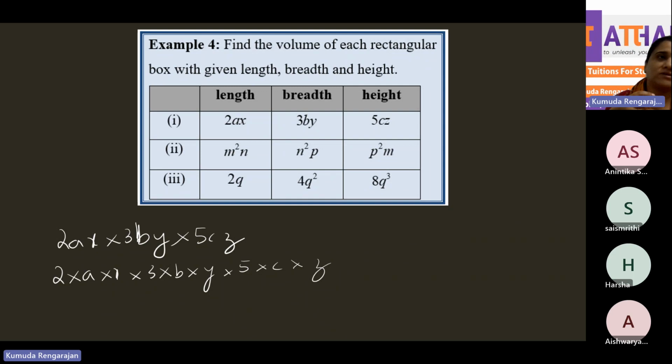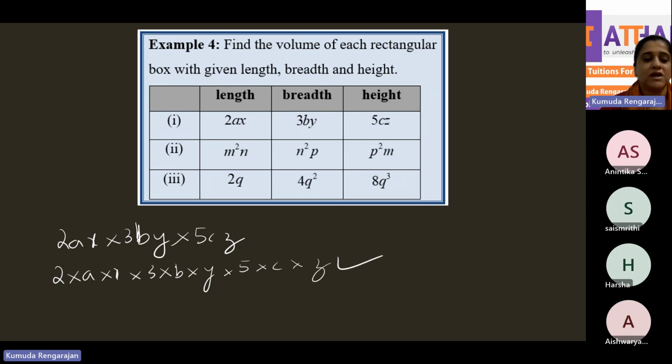As a beginner, you'll initially be working these steps. Once you come to the end of this chapter, you will write the final answer, the product, directly. So this is the meaning.